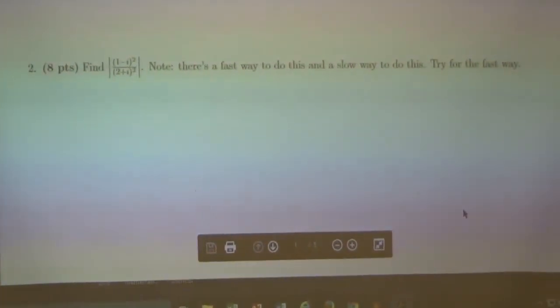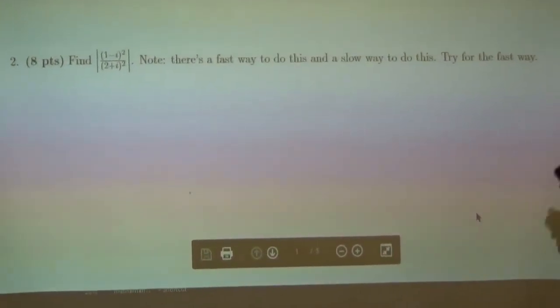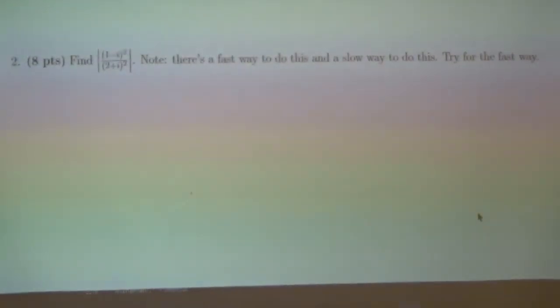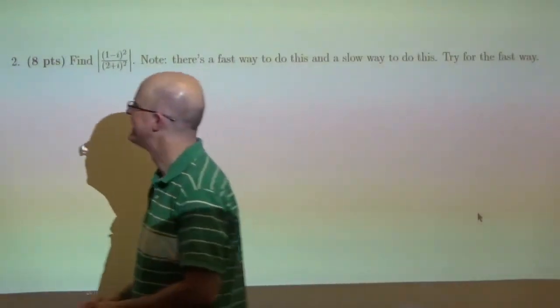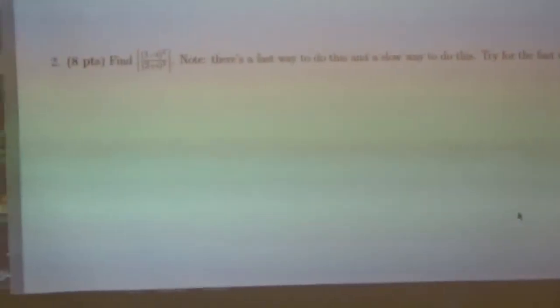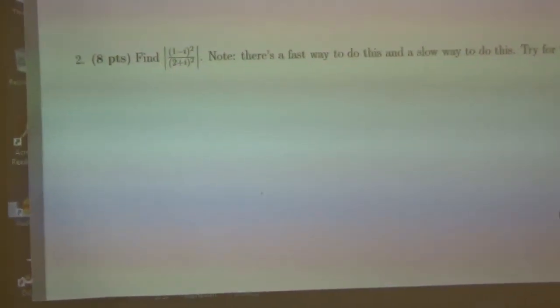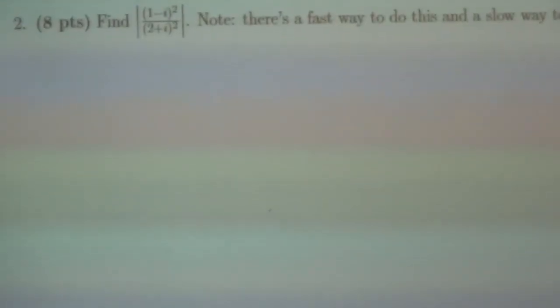This one, there was a fast and easy way to do this one, but hardly anybody on that first exam, I think, when I was grading it, did it the fast and easy way. Most people went ahead and squared these out and divided. There's a faster and easier way, which is to use properties of modulus, moduli, I should say, of the complex numbers.